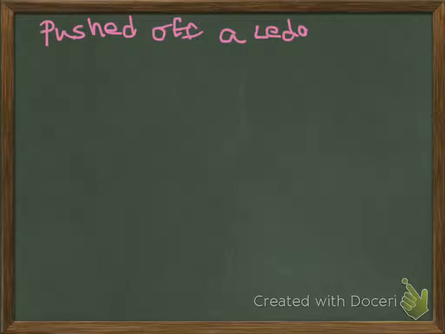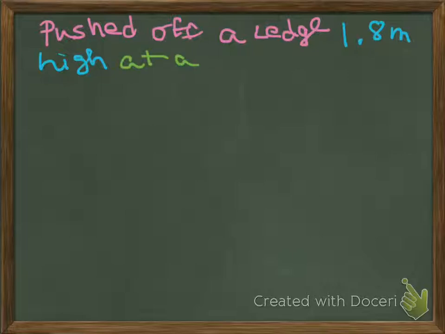So let's say that an object is pushed off a ledge that is 1.8 meters high at a velocity of 3.2 meters per second.